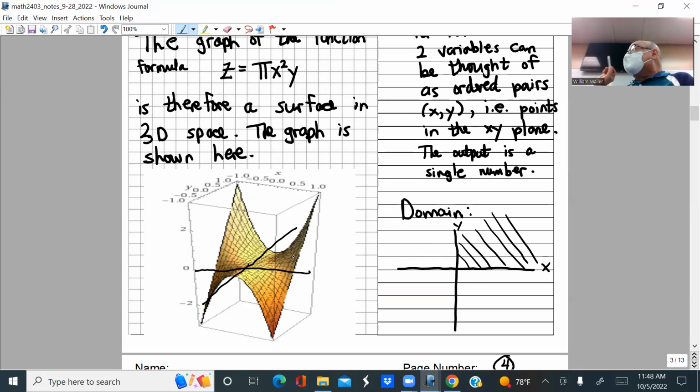Now, functions of two inputs, functions of two variables, they have domains just like functions of one variable have domains. What is the domain of a function in calculus 1 and 2? Can y'all define that for me? Doesn't have to be a perfect definition.